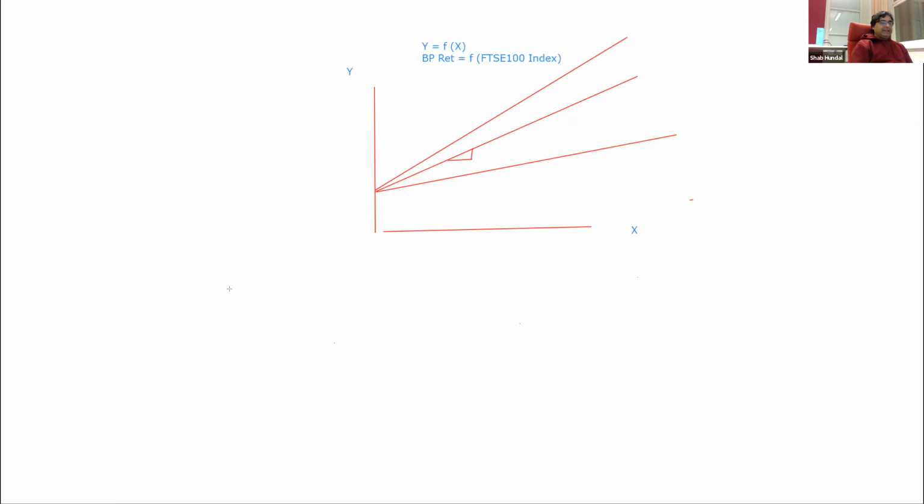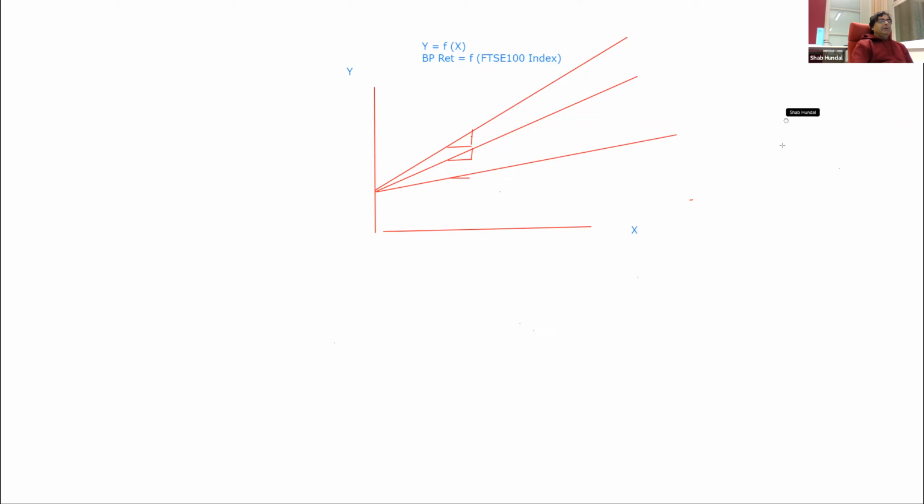So for a given change in x, there is very little change in the y. Sorry, I can't draw very accurately. So this change could be larger, whereas here, if I draw the line almost from the same point and same extent, only a very, very minor rise takes place.